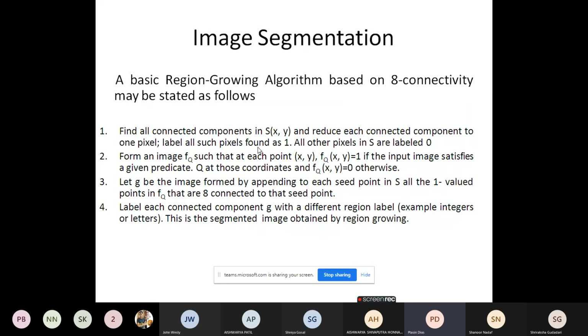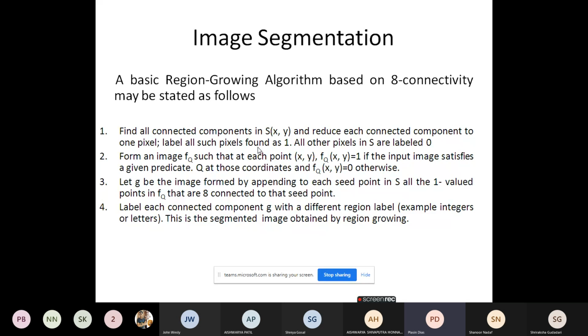Then you have to form a new image, which is F2. How are we stating that new image point, based again on the value of 1 and 0? fq of x comma y is considered 1 if the input image satisfies the given predicate value, and q at this point is considered 0 otherwise.